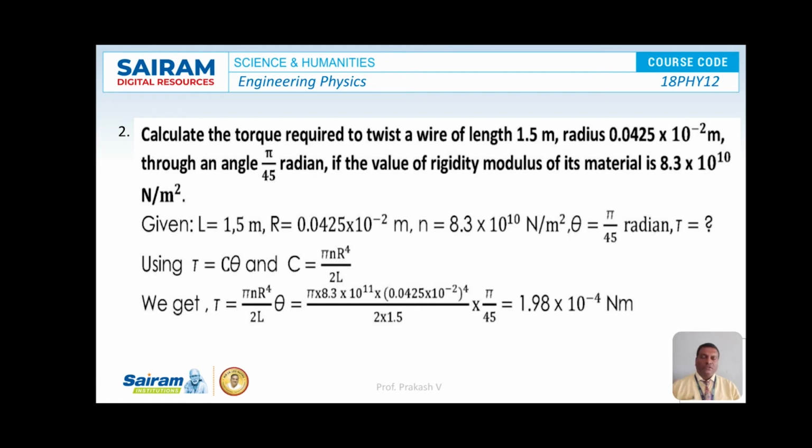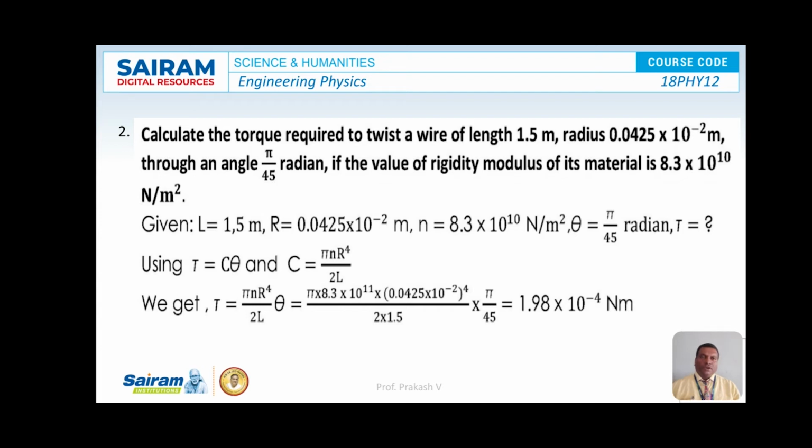According to the problem, the given data is L is equal to 1.5 meter, R is equal to 0.0425 × 10^-2 meters and N is equal to 8.3 × 10^10 Newton per meter square, and here theta is pi by 45 radian. So what is the value of T, that is, the torque required to twist the wire?